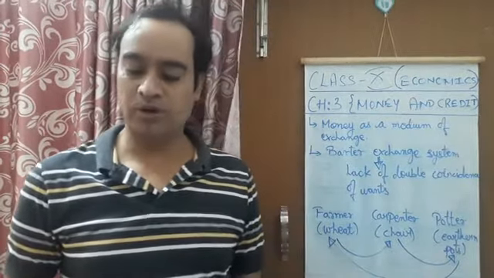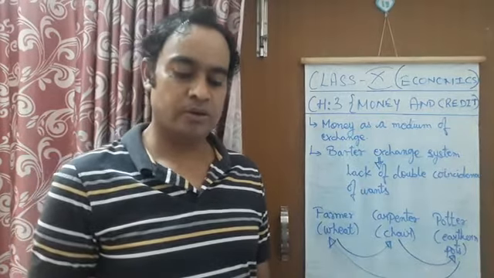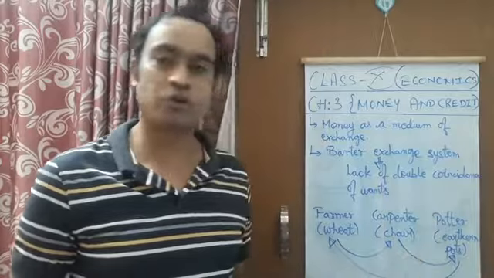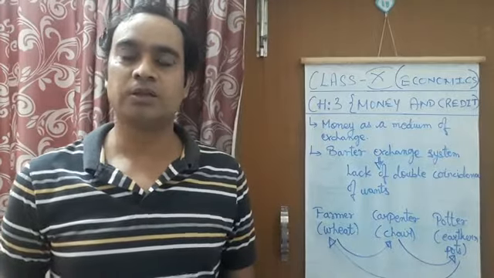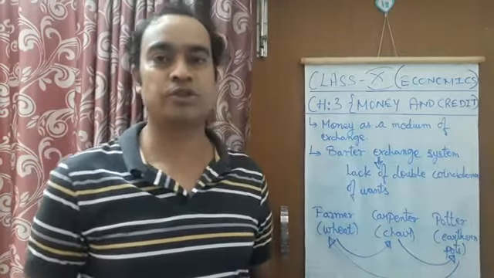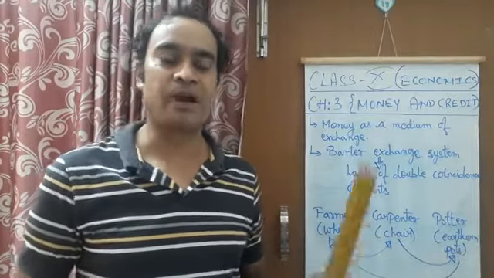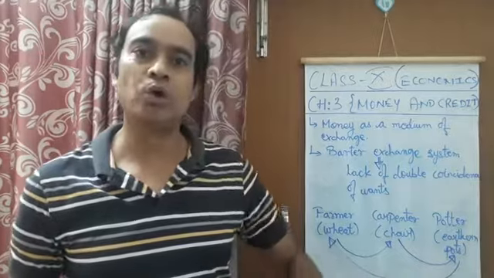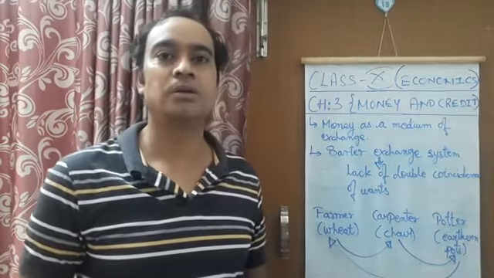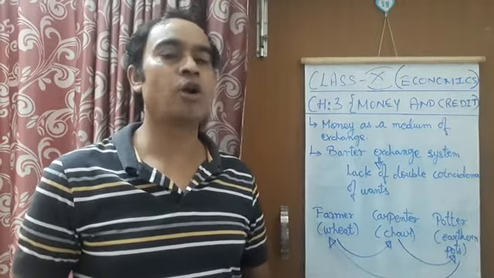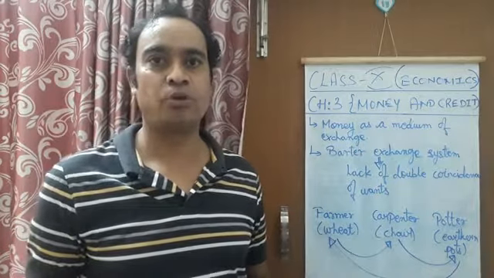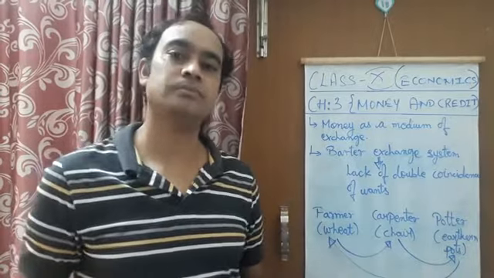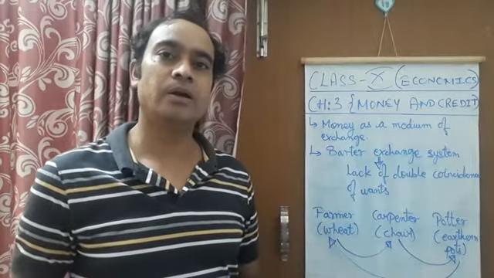And for lack of double coincidence of wants, this type of lack of this function in the barter exchange system, one person used to roam around the market maybe for hours to find out his own match, right?